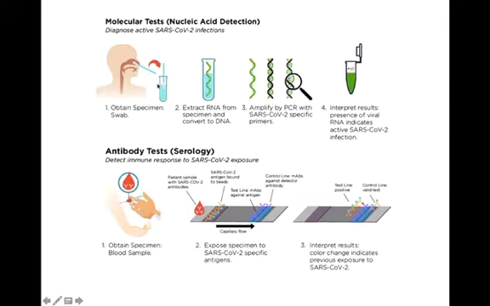So when the sample is taken, the RNA is extracted from the sample, and then after extraction of the RNA, the RNA is converted to the cDNA, and then the cDNA is detected.